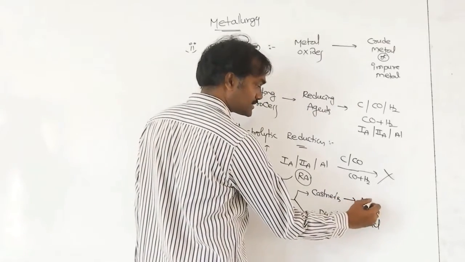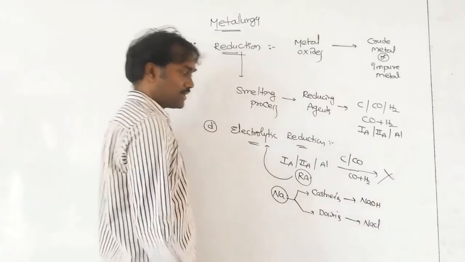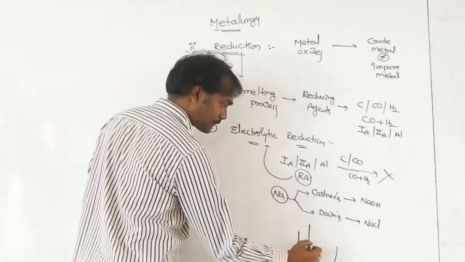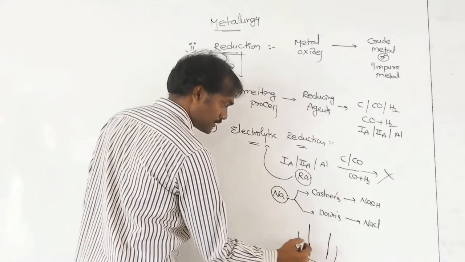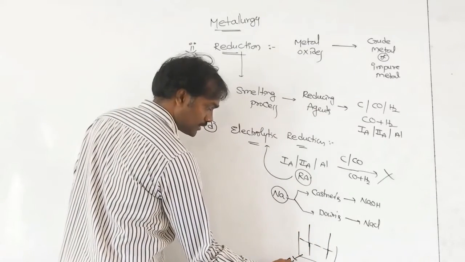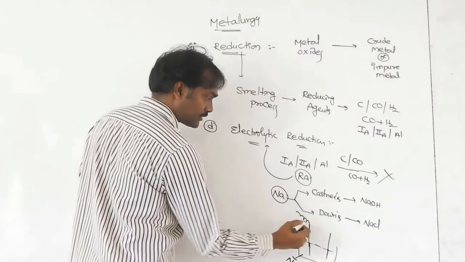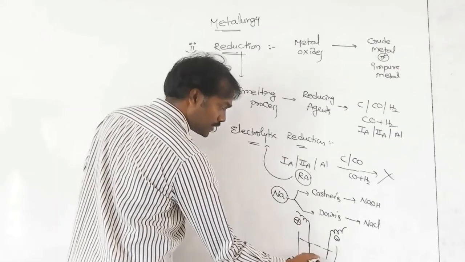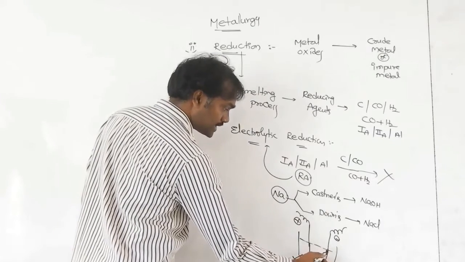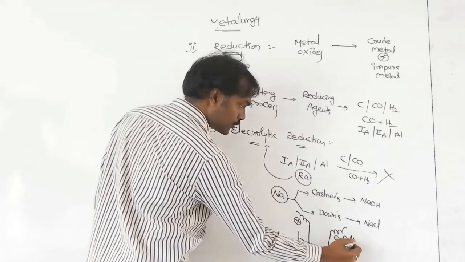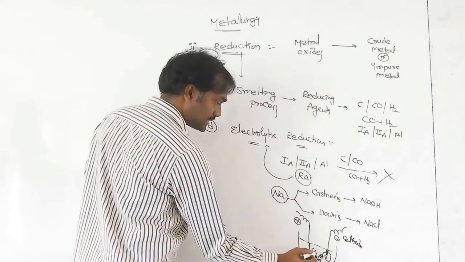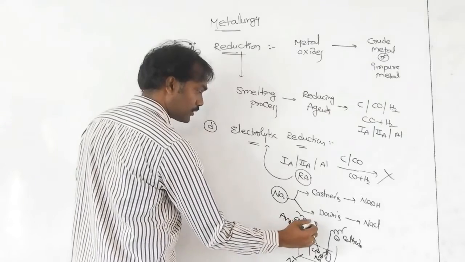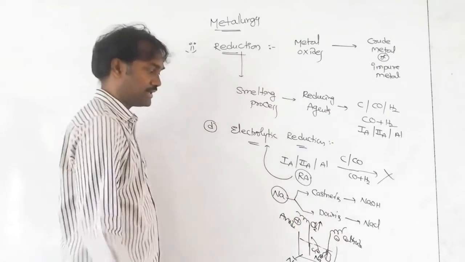In Downs process, molten NaCl we take. One electrode is connected with positive, another with negative. Na+ is deposited on the cathode. Next, Cl- is coming to the anode, so chlorine gas is going outside.